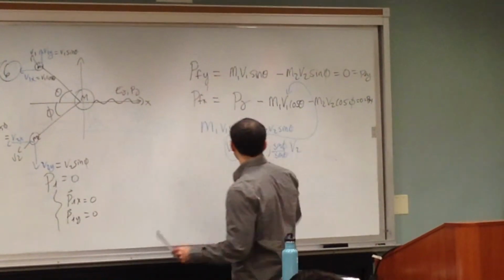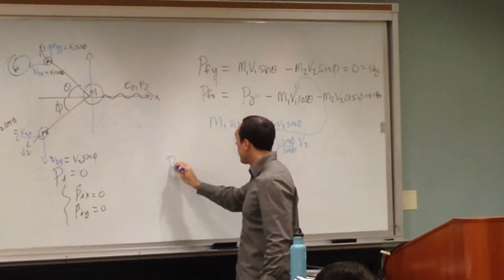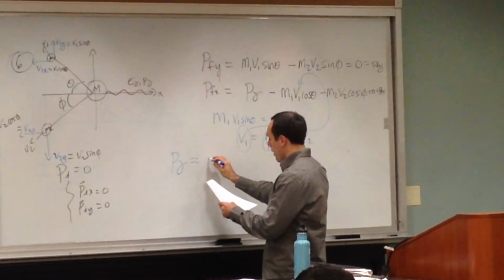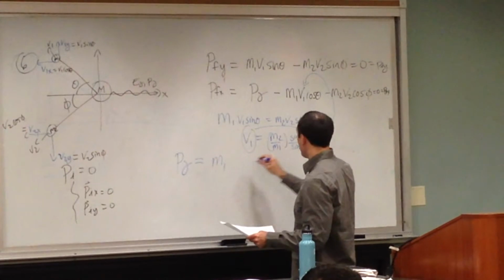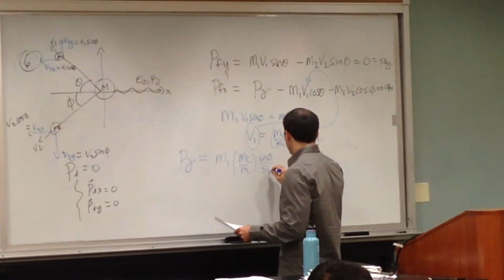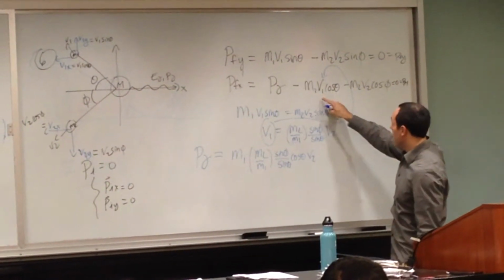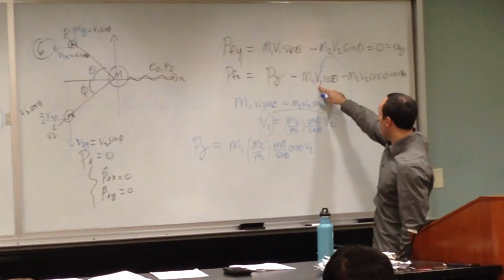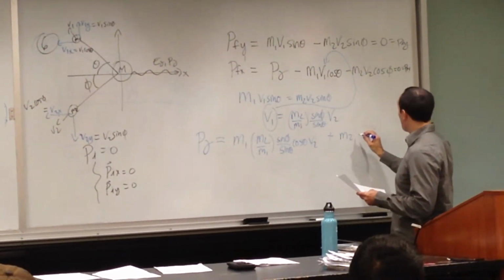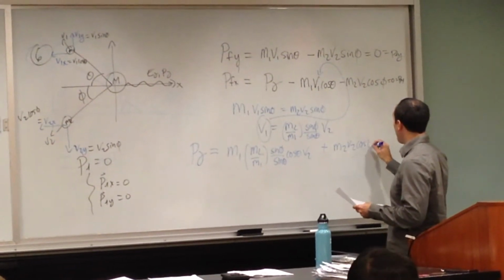And if I do that, and let me now subtract both of these components here, because they're equal to 0, what I would get is, if I subtracted it, p gamma is going to be equal to m1 v1 cosine theta, so that's going to be m1 times m2 divided by m1, sine phi over sine theta, cosine theta times v2, because that's just putting in v1, plus m2 v2 cosine phi.